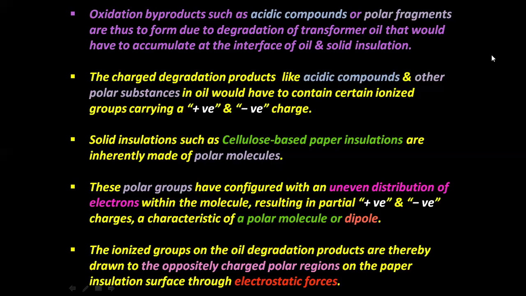Solid insulations such as cellulose-based paper insulations are inherently made of polar molecules. These polar groups are configured with an uneven distribution of electrons within the molecule, resulting in partial positive and negative charges, a characteristic of a polar molecule or dipole.